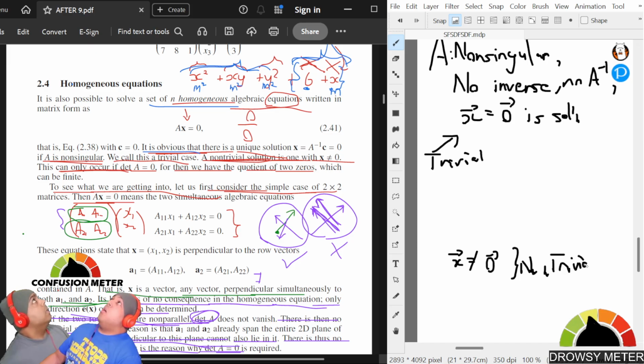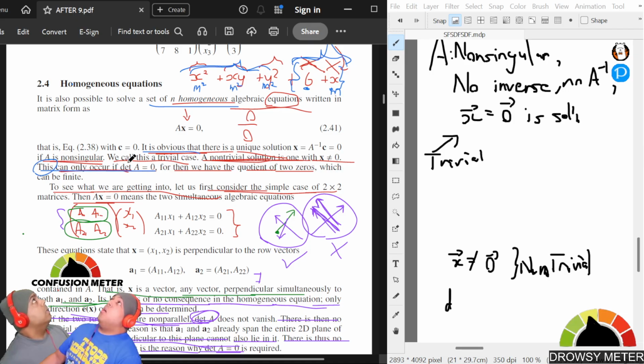This can only occur if determinant A equals 0. Wait. We call this a trivial case. A non-trivial solution is one where x is not equal to 0. This can only occur if determinant A is equal to 0.